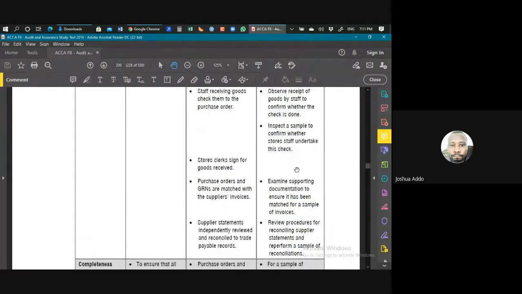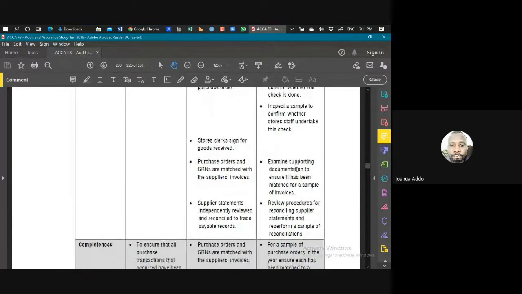Another control, stores clerks sign for goods received. Purchase orders and goods received notes are matched with the supplier's invoices. That is very important, especially between the goods received note and the invoice, to make sure that the goods that we have received are the only ones we should pay for.